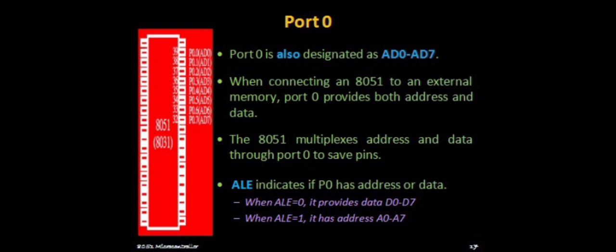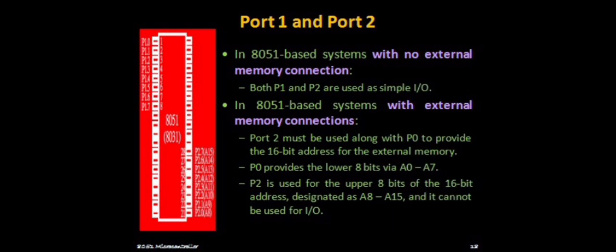Port 0 provides both address and data. The 8051 multiplexes address and data through port 0 to save pins. ALE tells whether P0 has address or data. When ALE equals 0, it provides data D0 to D7. When ALE equals 1, it has address A0 to A7.